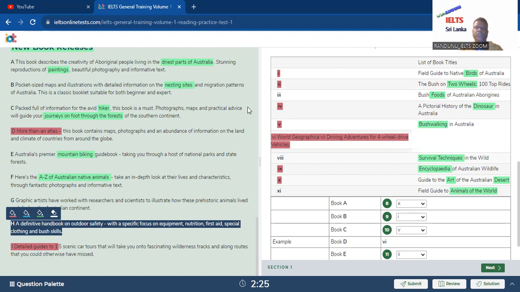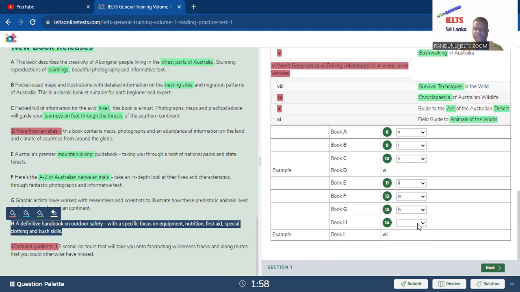Safety, outdoor safety, equipment, nutrition, first aid. All of these talk about ways to protect yourself when some trouble happens. Survival techniques, right? Survival techniques in the wild. That is 8. So now H is 8. H is 8. Correct?